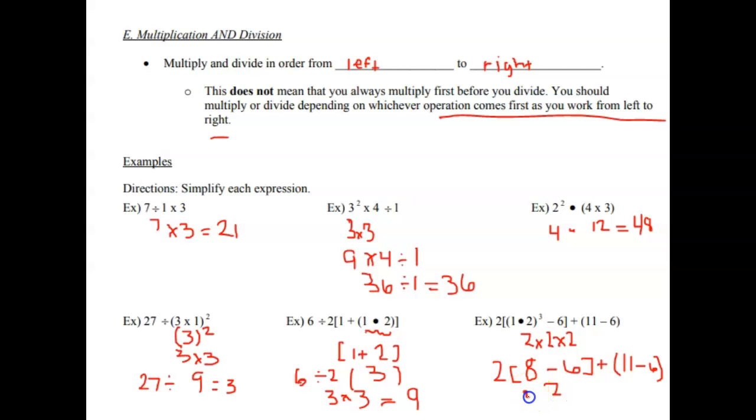And so I end up with 2 times 2 here, plus 11 minus 6. 11 minus 6 is 5. And so I'm going to work from left to right now. 2 times 2 is 4, plus 5 is going to be 9. Fun stuff.